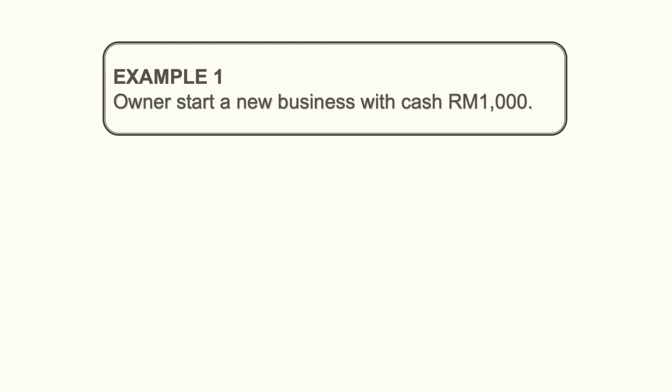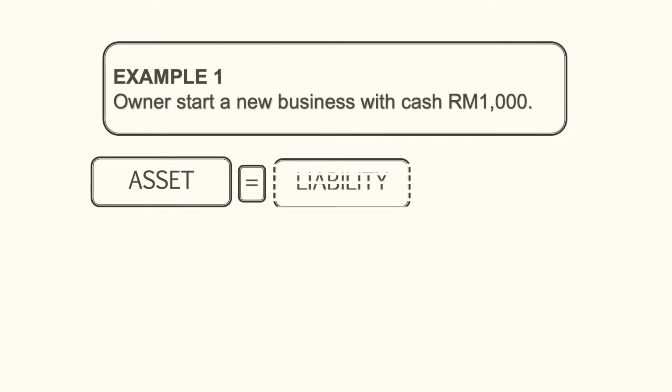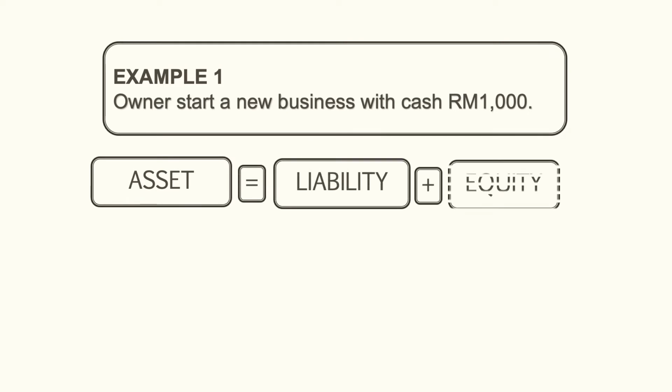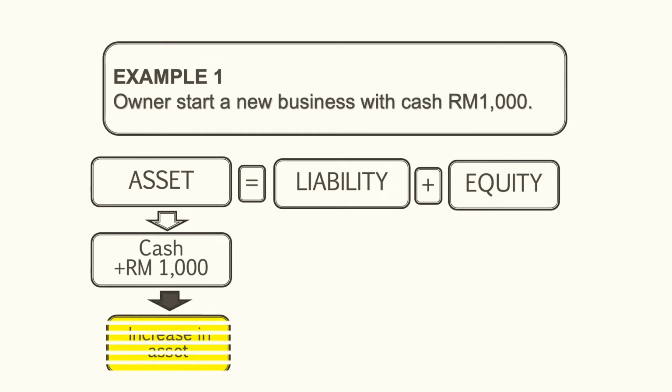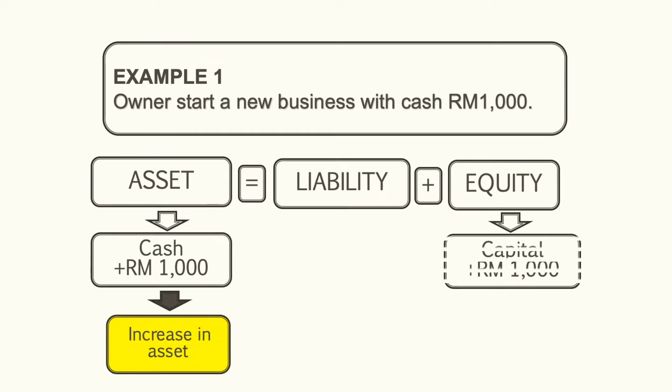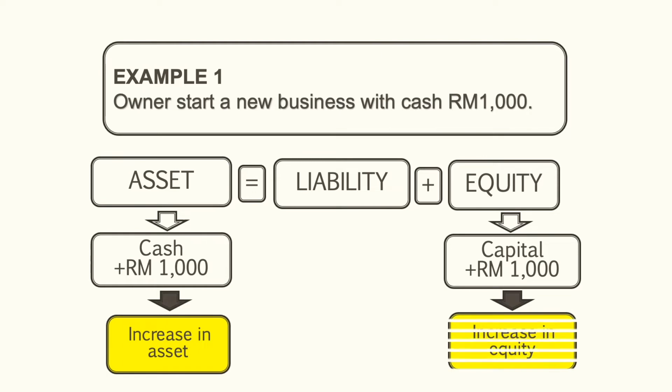For this example, you can see the asset will increase RM 1000, and at the same time the equity will also increase RM 1000 under the term capital. From this transaction we can see that an increase in asset results in an increase in equity also.